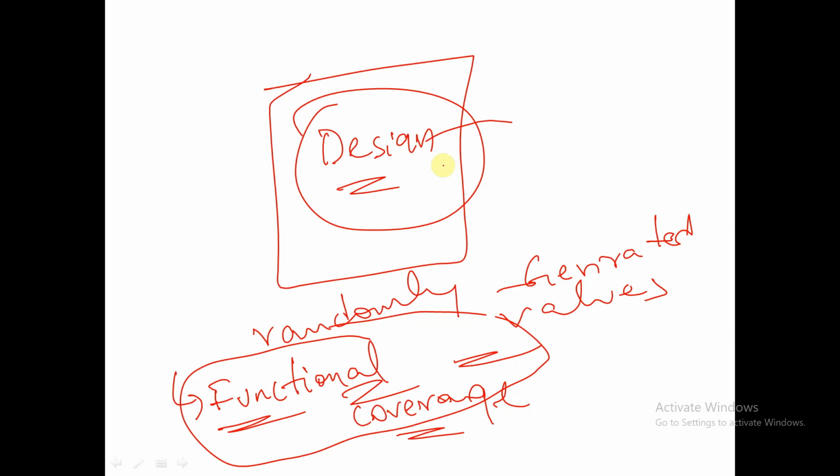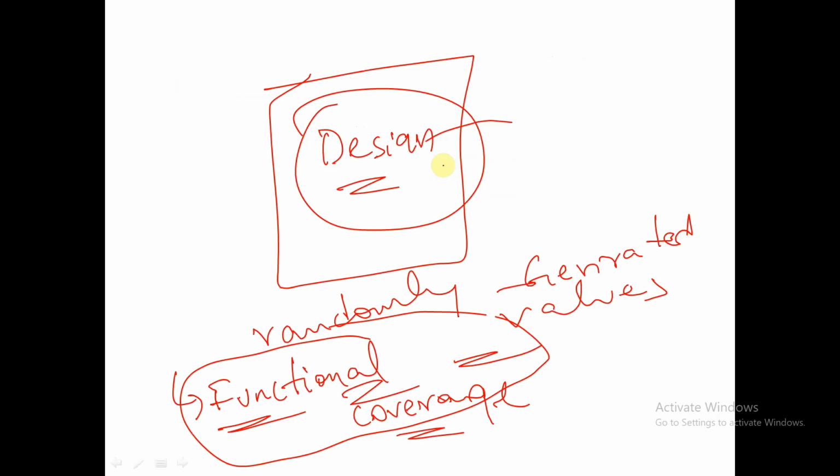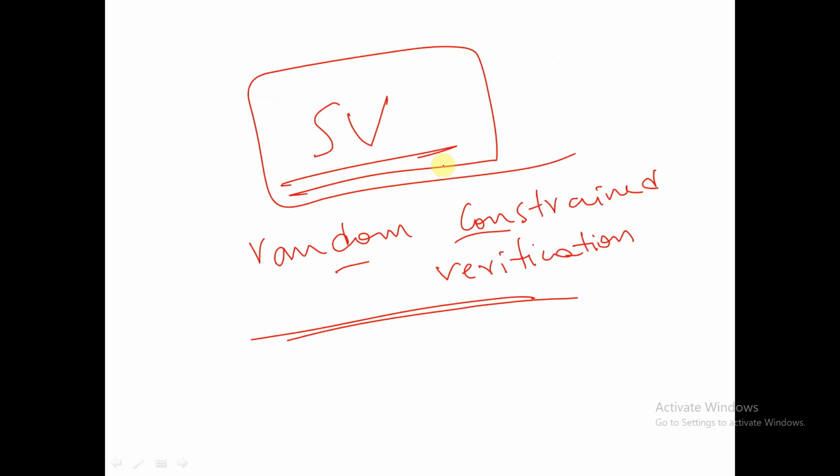After completing the coding part, by using the functional coverage, we will check whether our design is able to perform for all the random stimuli or not. So this is the use case of SystemVerilog. We can cover all the possible test cases by using SystemVerilog.